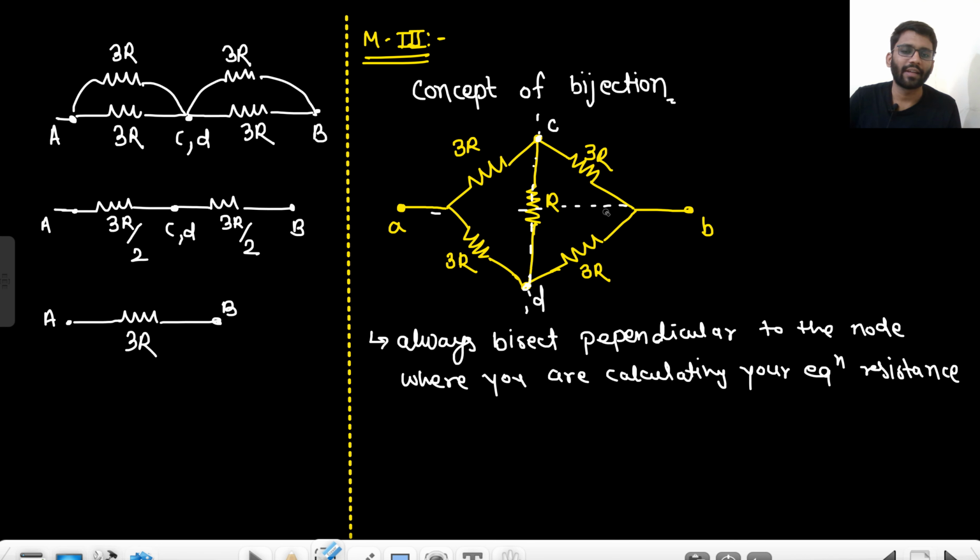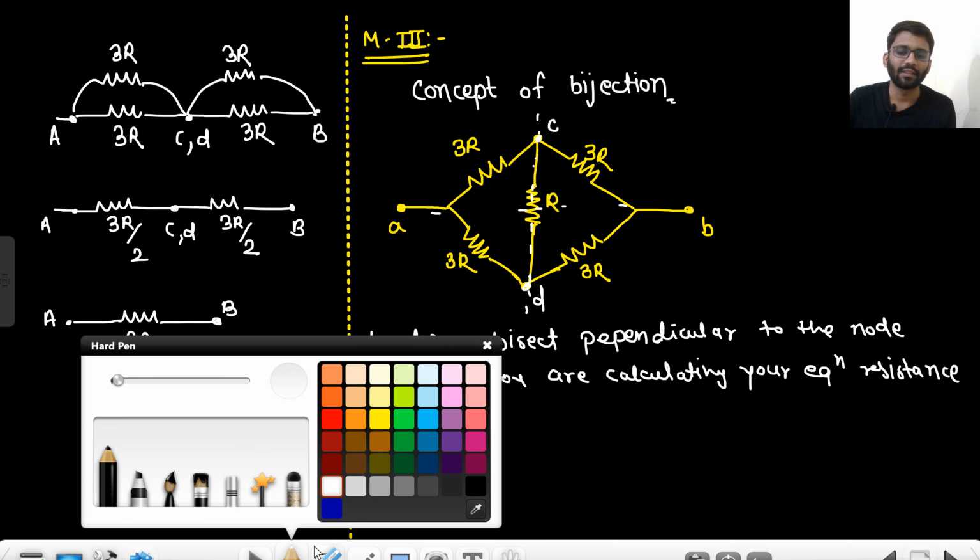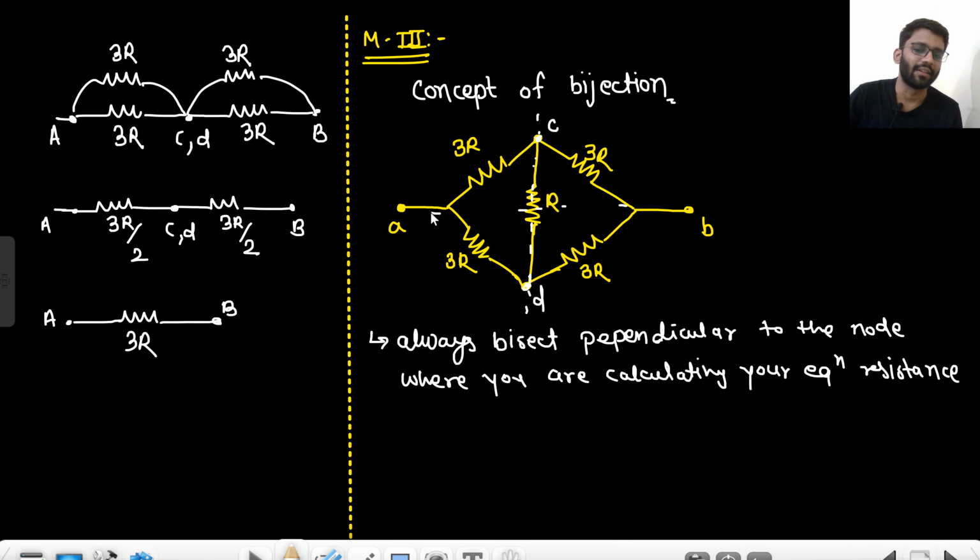Now tell me, if I bisect it like this, what does bisecting mean? If I am bisecting, that means I am just putting these two points together. If I am bisecting like this, there is symmetry, no? Here we can see 3R, 3R, and here 3R, 3R. So I am putting C and D together.